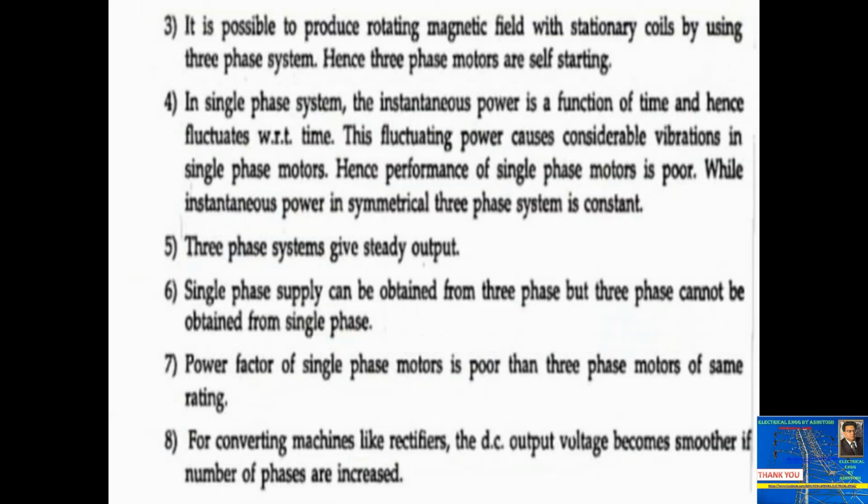And then guys, the fourth advantage: in a single phase system the instantaneous power is a function of time and hence fluctuates with respect to time, and this fluctuating power causes considerable vibrations in single phase motors.